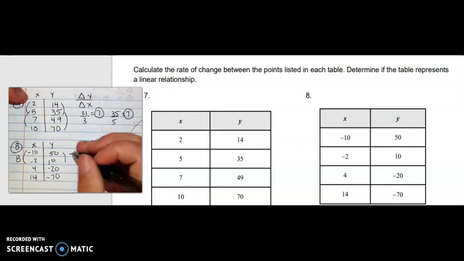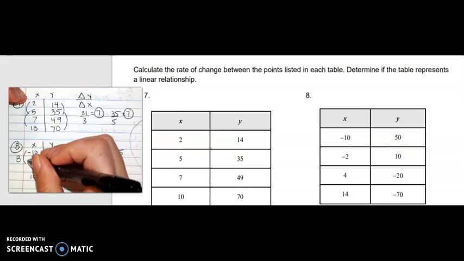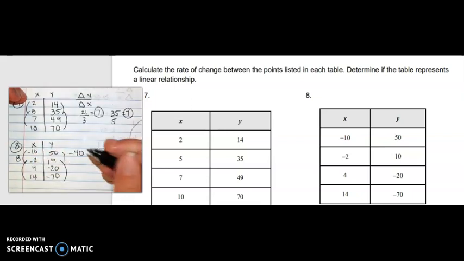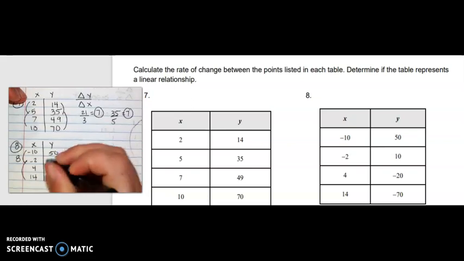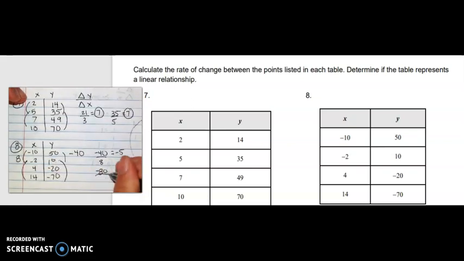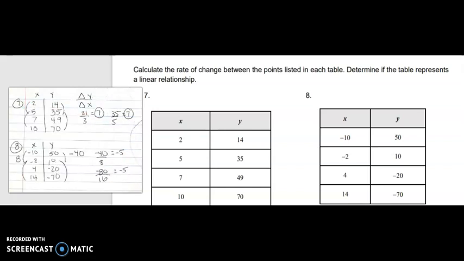So I'm going to do 10 and negative 70, and negative 2 and positive 14. The distance between 10 and negative 70, that's negative 80. And between negative 2 and positive 14, that is 16. And negative 80 divided by 16 is also negative 5. So this is a linear equation because the slope stays consistent throughout.